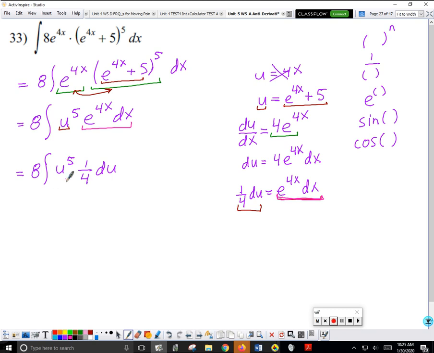This 1/4 is a multiplying constant, so I pull it out. 8 times 1/4 is 2.